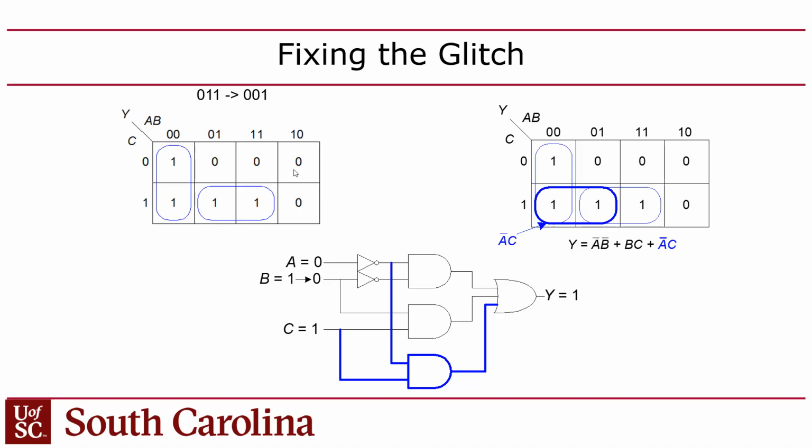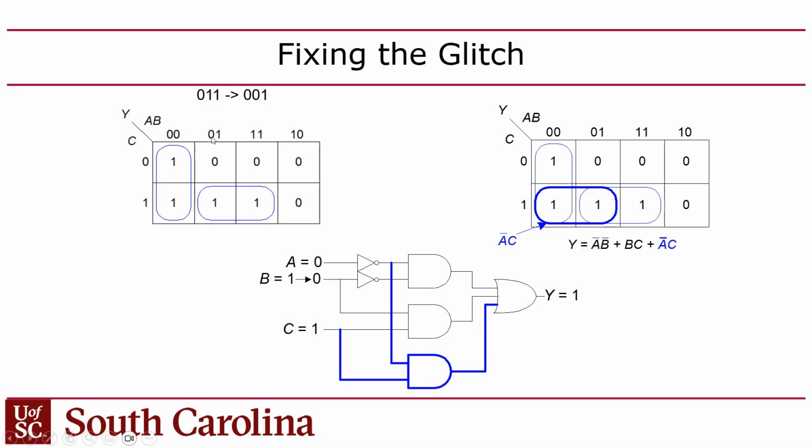So first of all, is there any way to fix the glitch? Well, the book says that the reason the glitch happens is because, if you remember from 211, you have this Karnaugh map, and this circuit is the result of this Karnaugh map, where you basically have two terms. These are the minterms that you've circled.